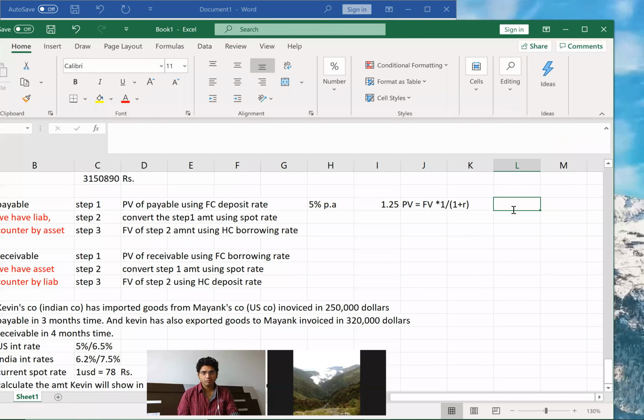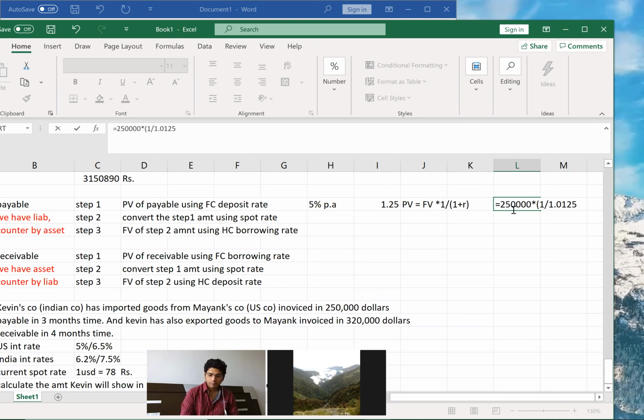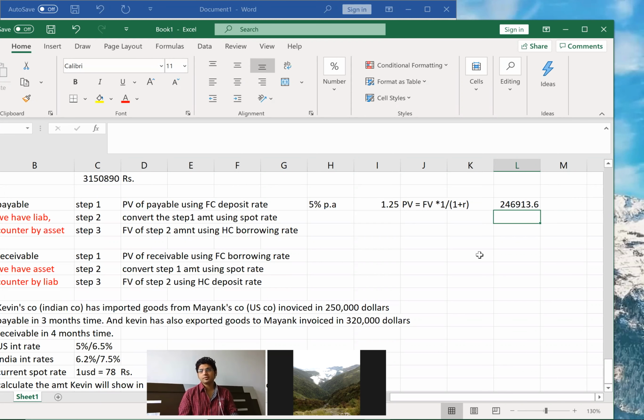What is the payable value? 2,50,000 into 1 by, what is the r? 1.25, right? So 1 plus r means 1 plus 0.0125, so 1.0125. That's it. That's step one, in dollars.